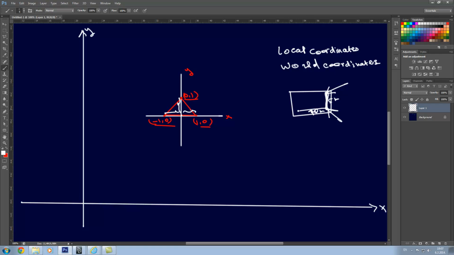Now, why is this important? Why do we have a local frame? Why don't I define a triangle according to this world coordinate? Let's say I number the world axes 1, 2, 3, up to 15, and again along the other axis, 1, 2, 3, up to 10.